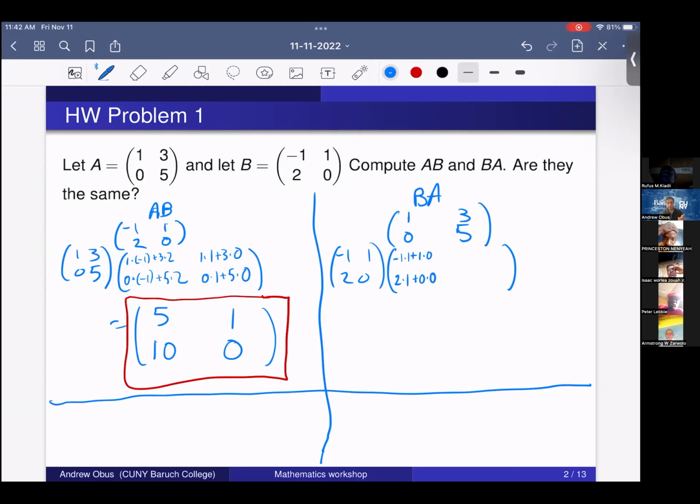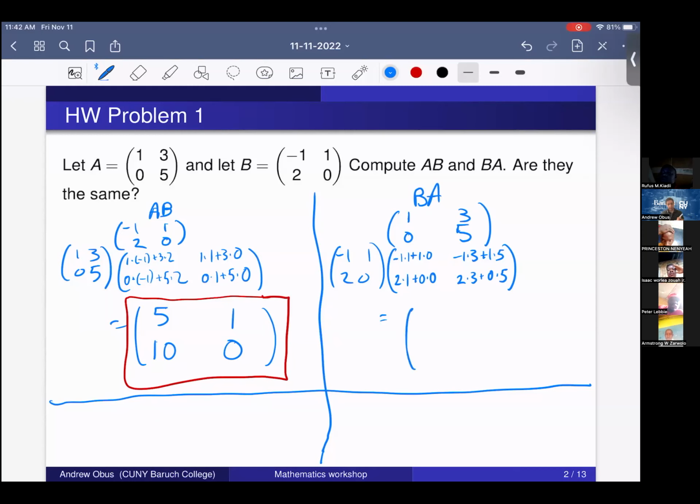Perfect. And then we take the 1 again, multiply by that 3. So it's the minus 1 by the 3, right? Minus 1 multiply by 3. And 1 multiply by 5. Take the 2 and multiply by the 3 and the 0 and 5. Perfect. Thank you. Yeah, that's exactly right.